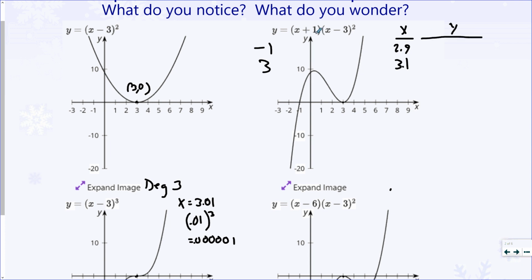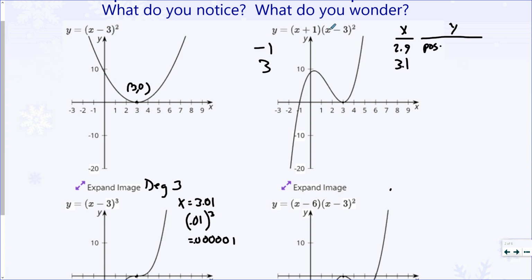But I'm not going to fully calculate it out because the value itself doesn't matter. What does matter is the sign, whether the number is negative or positive. So let's say we plug 2.9 in for x. 2.9 plus 1, is it positive or negative? It's 3.9, so it's positive.